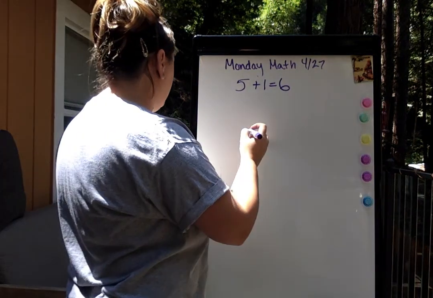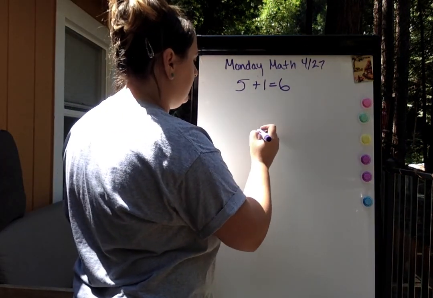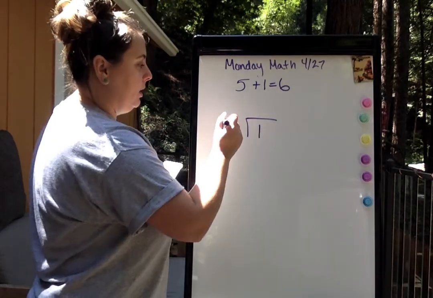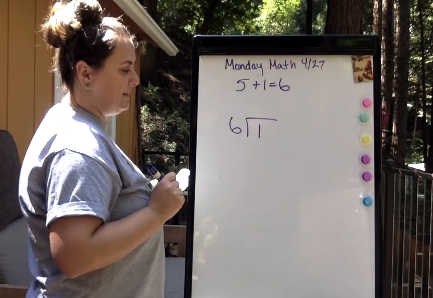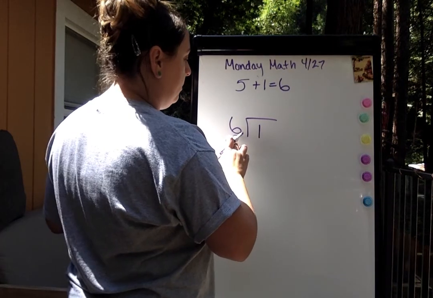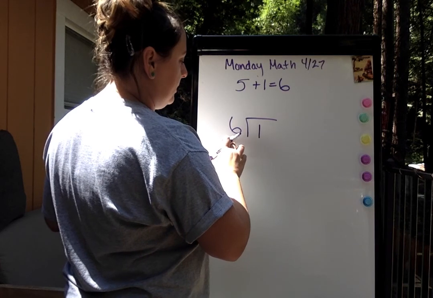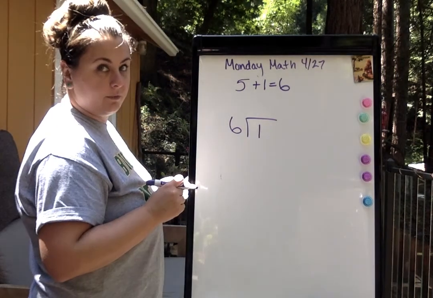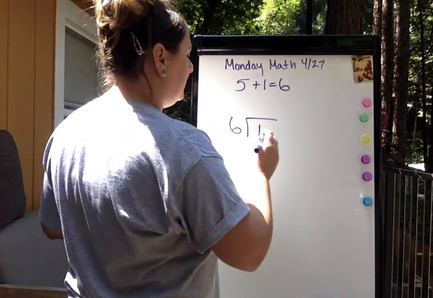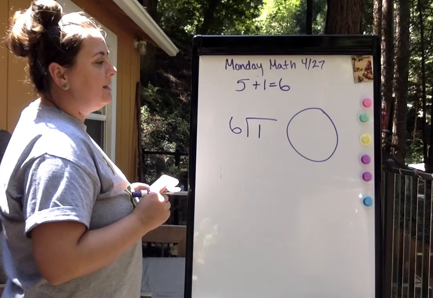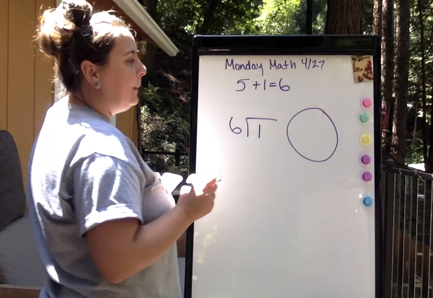So what you can do is you can do 6, 1, you have one whole, divided by 6. Okay? So we know that 6 doesn't go into 1, right? But if you think about a pizza, she wants it to go to 6 people.